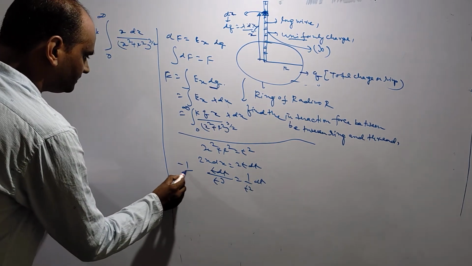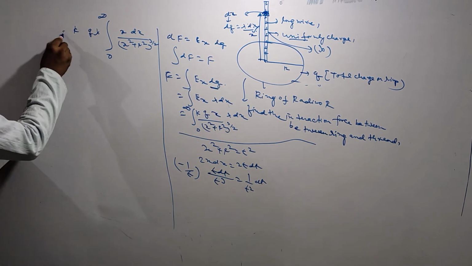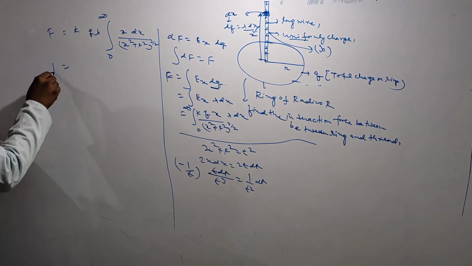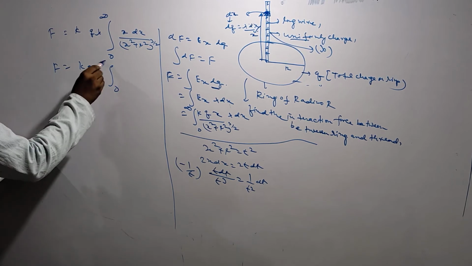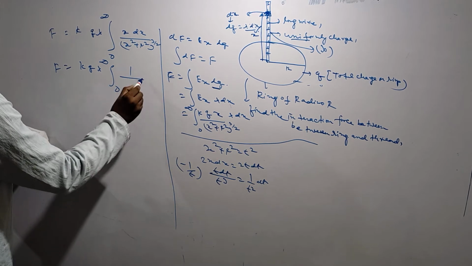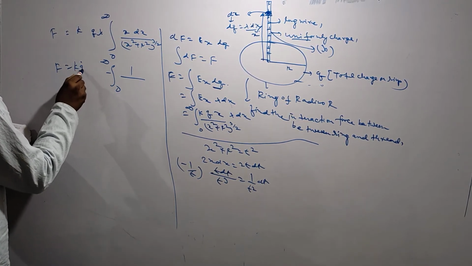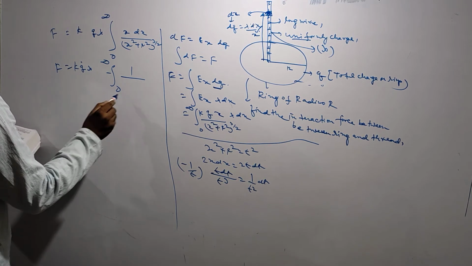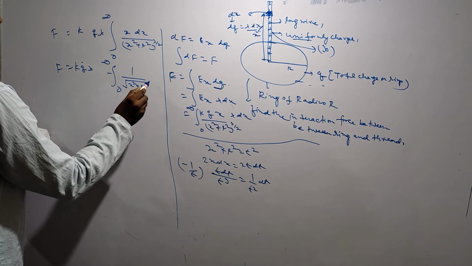This is nothing but minus 1 by t. Okay. So we have F equal to kq lambda from 0 to infinity of minus 1 by under root x square plus r square.